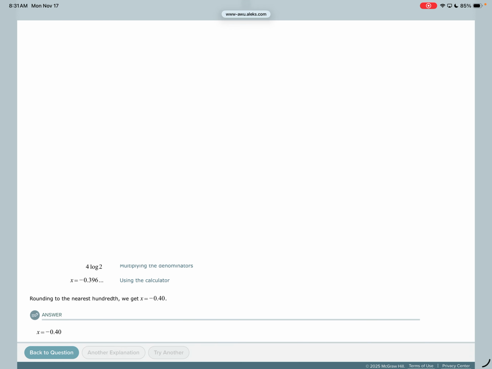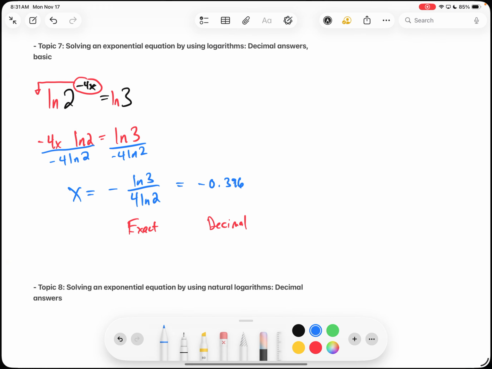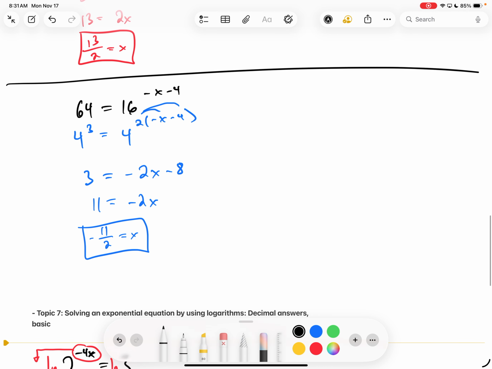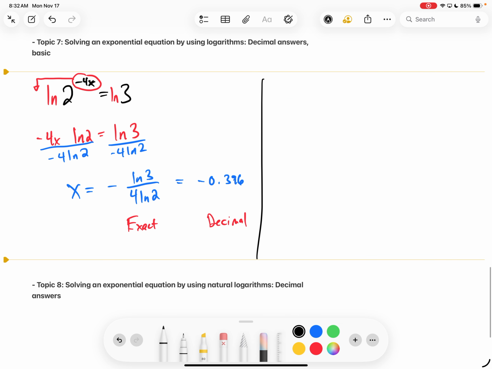But that's fine. To do one more, 11^(x+8) equals 3. Again, I'm trying to get the x down here. To solve this, the first thing you always check is the bases. I can't make 11 and 3 have the same base.